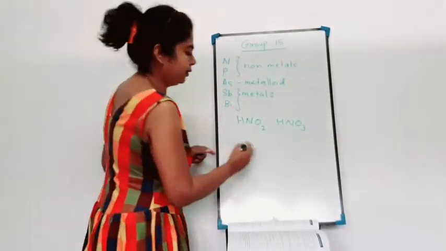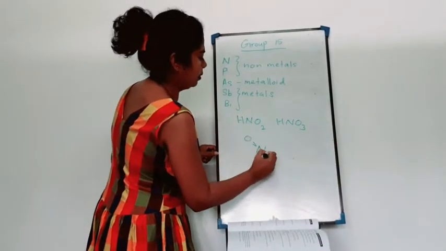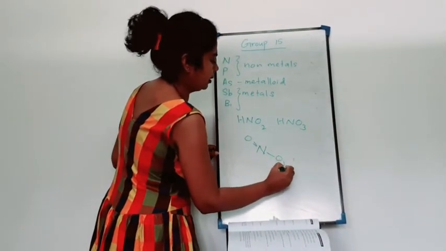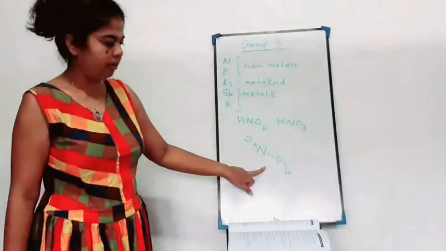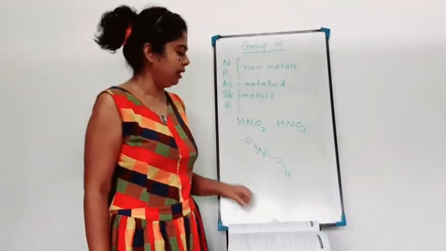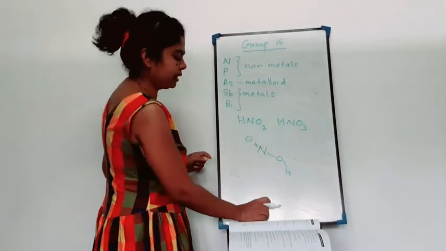I draw the structure with a double bond and OH. This is the structure of HNO2, nitrous acid.